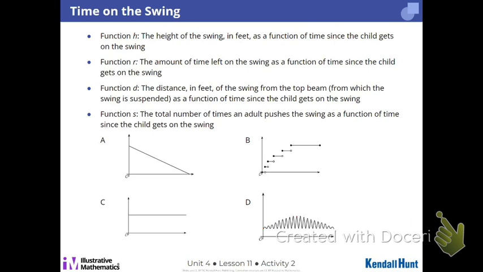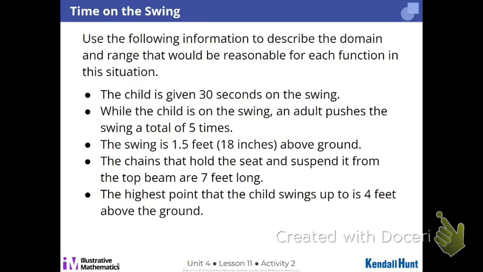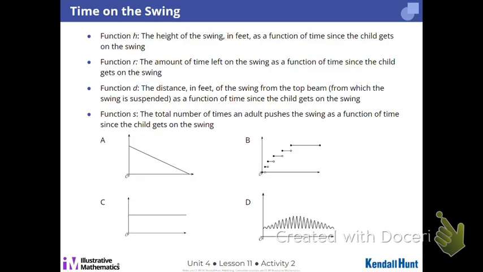Last one more. The top beam is 7 feet away. So, what is this value? 7. I'm going to take the hard one. The domain is 0 to 30 seconds.